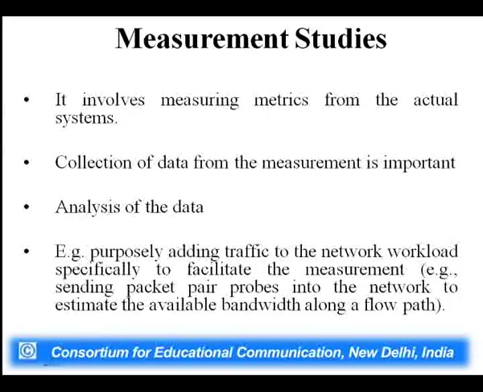For example, we purposely add traffic to the network workload, give more packets, and to facilitate the measurement, we send packet pair probes into the network to estimate the available bandwidth along the flow path. That means we keep on sending probe packets into the network so that we can estimate the bandwidth available for a given flow.